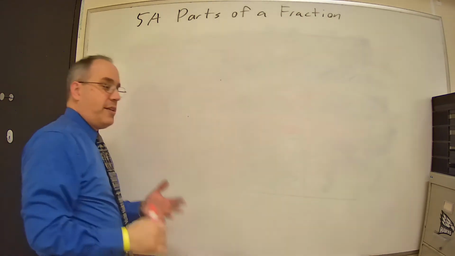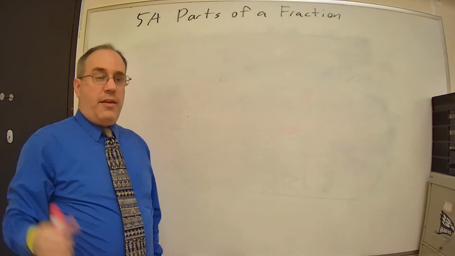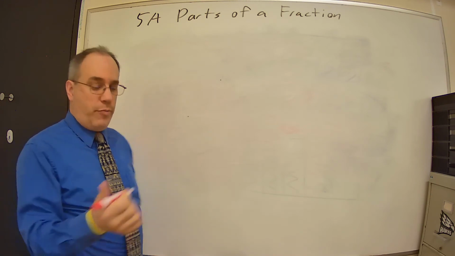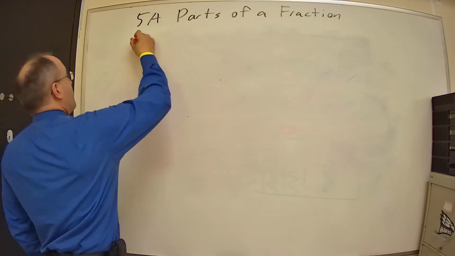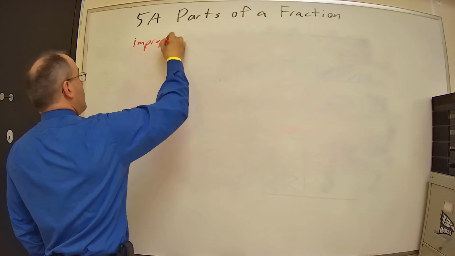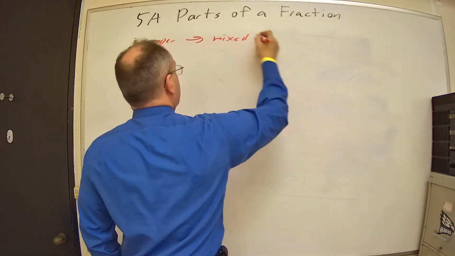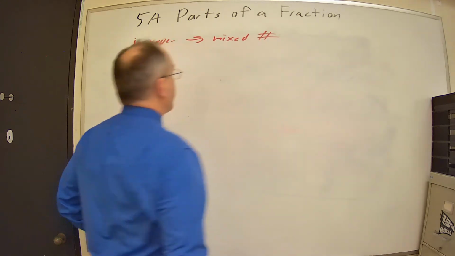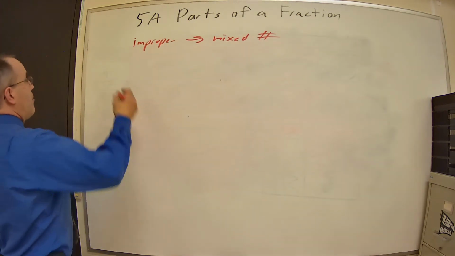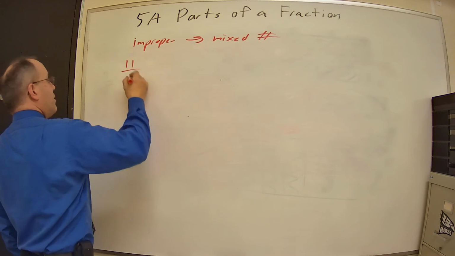But what if I want to take an improper fraction and turn it into a mixed number? So improper fraction converted to a mixed number, 11/4.